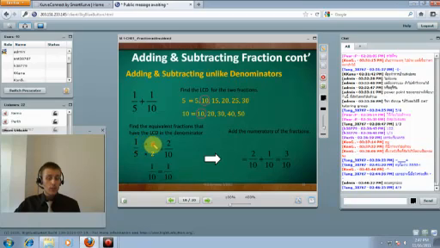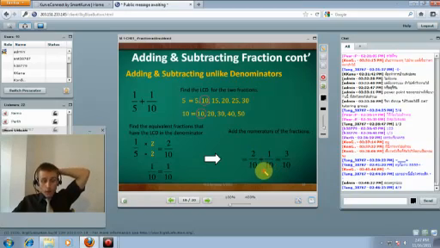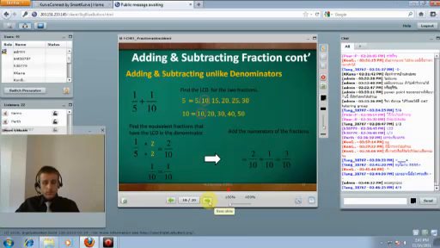So we're going to multiply the numerator by 2 and the denominator by 2 to make it 2 over 10. 1 over 10 is already with a denominator of 10, so we don't need to multiply it. We now have 2 over 10 plus 1 over 10 equals 3 over 10. Do we understand?